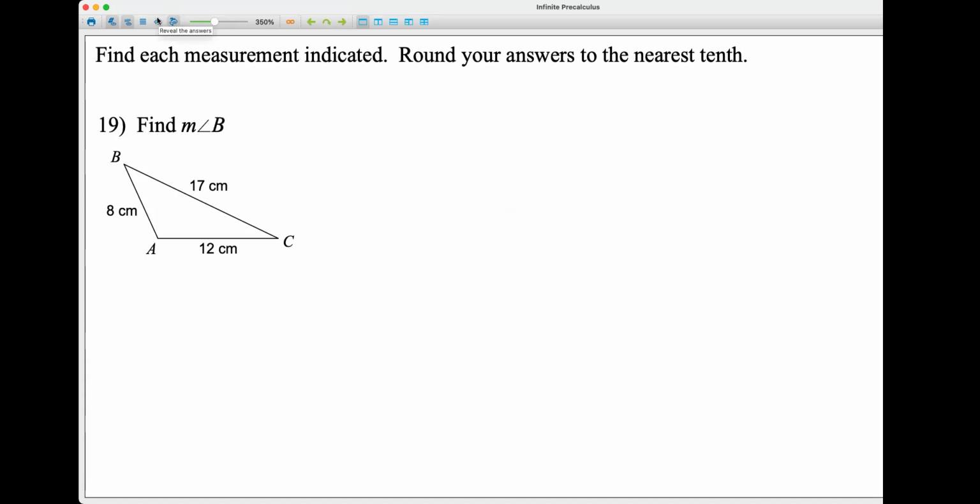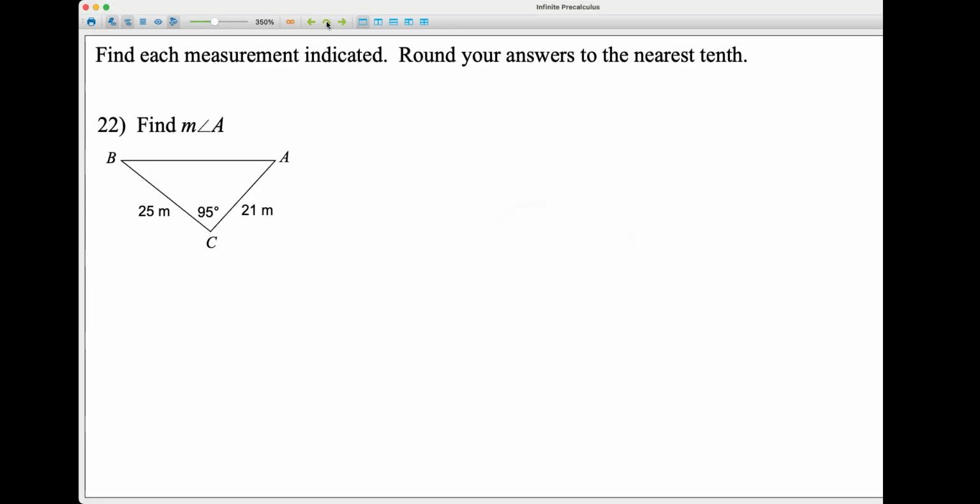We want to try one where it's ASA or SAS. Find it. Law of cosines, SAS. Okay, 22. All right, SAS.